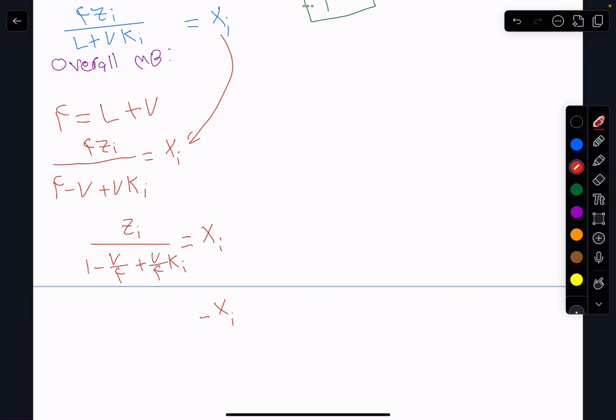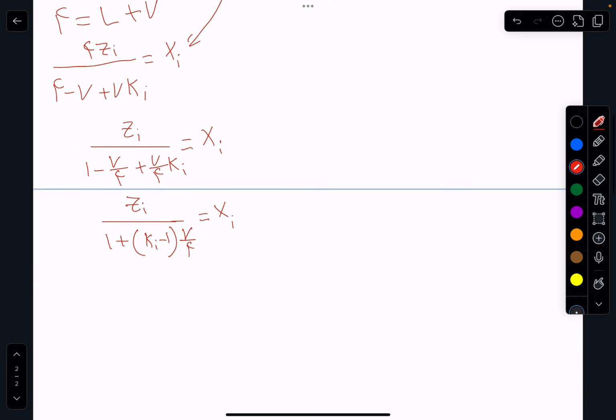With V over F as a common factor, it becomes Zi over 1 plus Ki minus 1 multiplied by V over F.